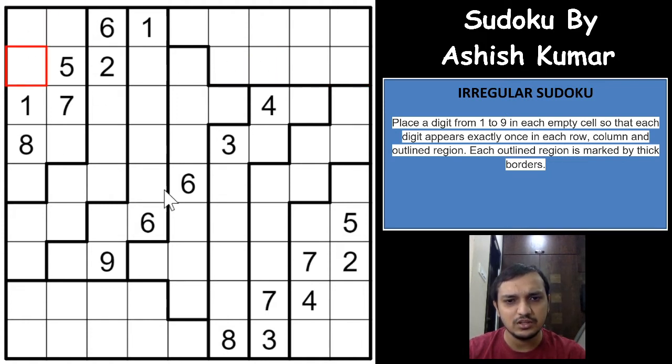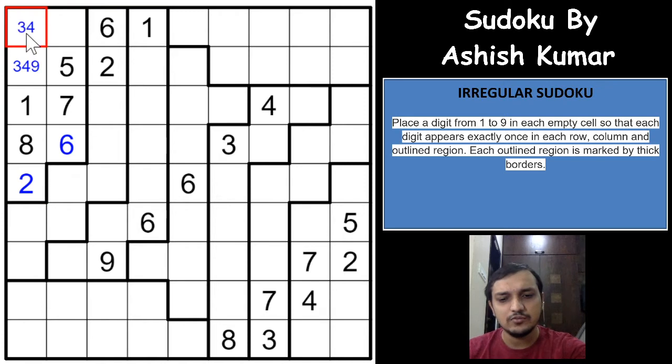So 6 cannot be here, 6 cannot be here, so 6 has to be here. Same way for 2: 2 cannot be in these 4 cells, so 2 has to be in these 5 cells for this region. 2 cannot be in one of these 3 cells, so 2 has to be here. So the three numbers are 3, 4 and 9. We'll mark those here.